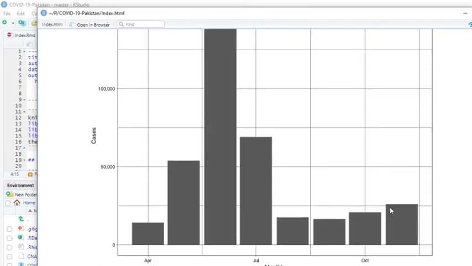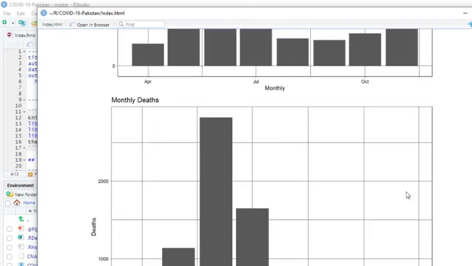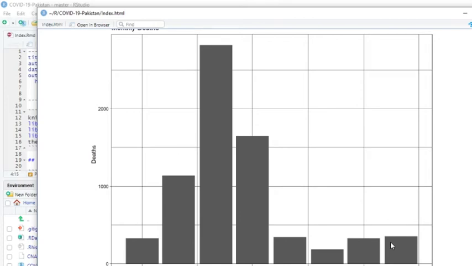Monthly cases, well, it's already passed October's cases with about 2 weeks to go. So therefore, we got to wait and see what happens there. November deaths have already passed October deaths, so this isn't good.